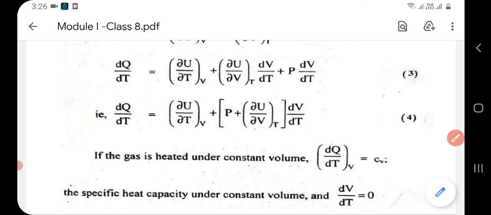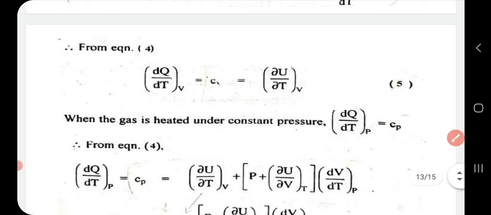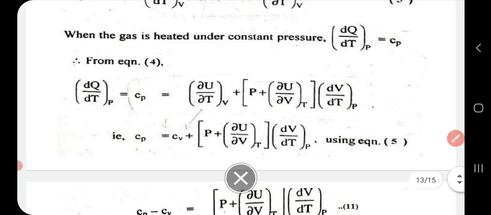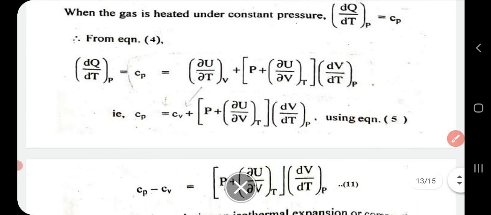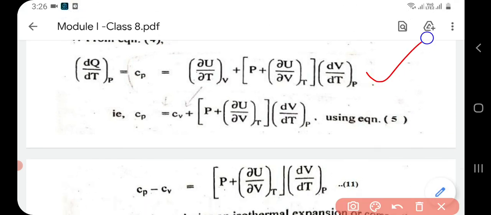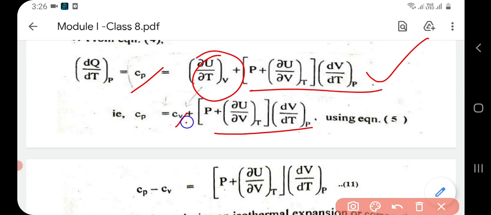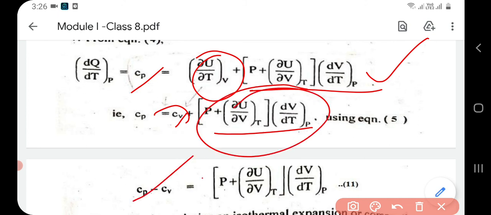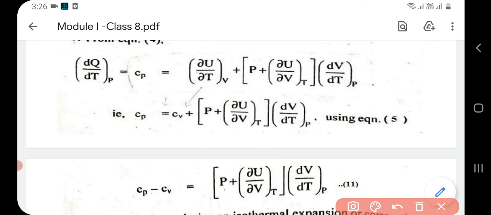So Cp is equal to ∂u/∂T at constant V, see this one, plus the rest. Now we have already seen this is Cp, this is actually Cv, the rest is kept as such. Now taking Cv to this side, it will be Cp minus Cv, and the rest will be kept as such.